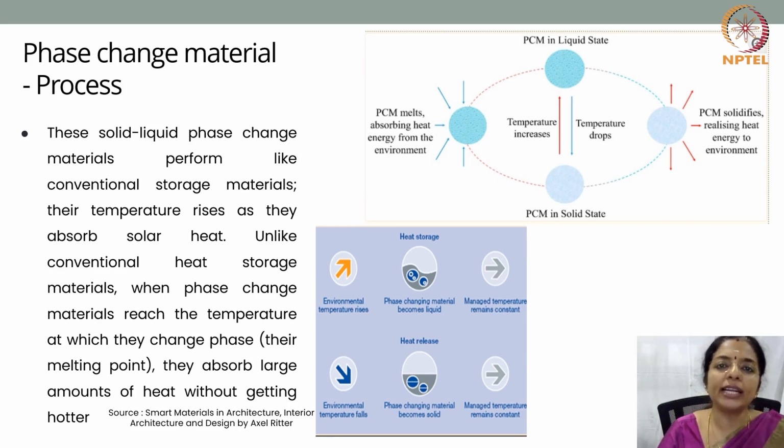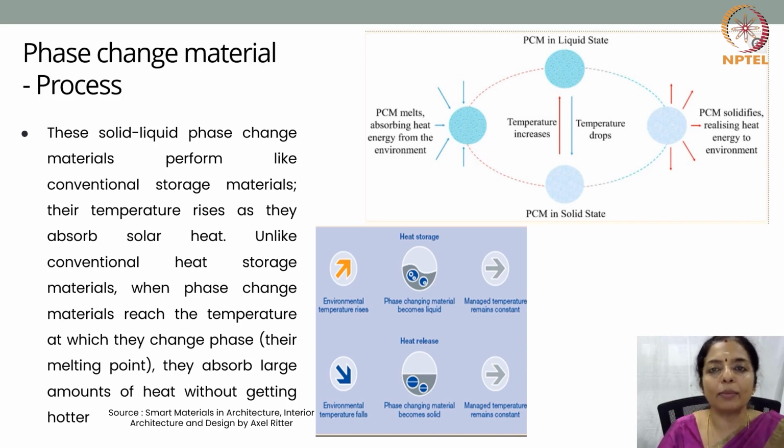These solid liquid phase change materials perform like conventional storage materials. Their temperature rises as they absorb solar heat. Unlike conventional heat storage materials, when phase change materials reach the temperature at which they change their phase, which I will call the melting point, they absorb a large amount of heat without getting hotter.